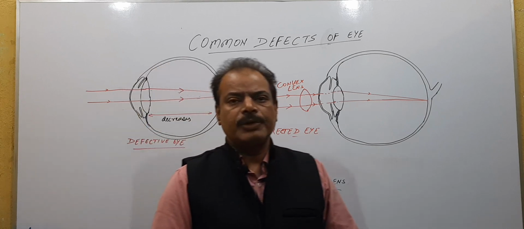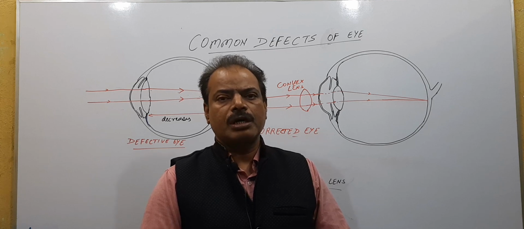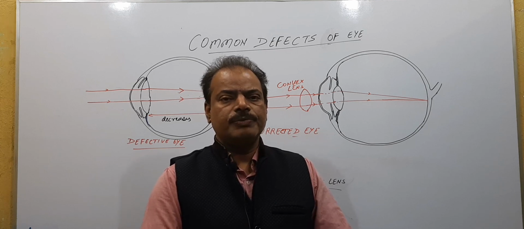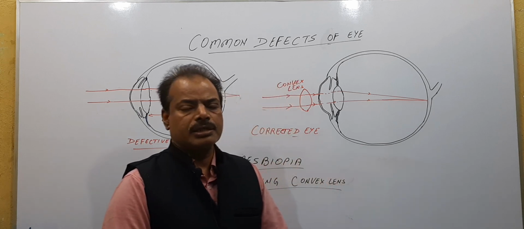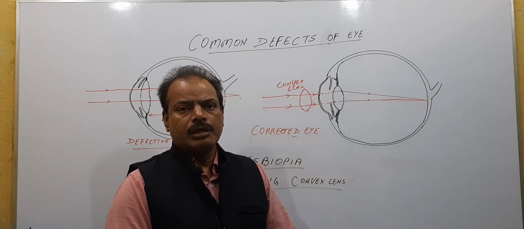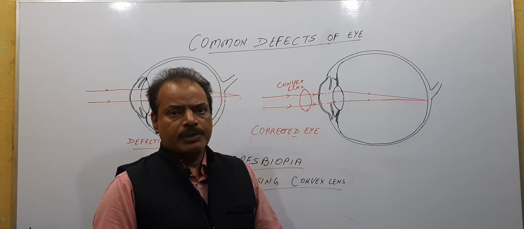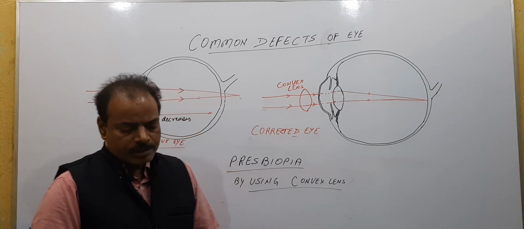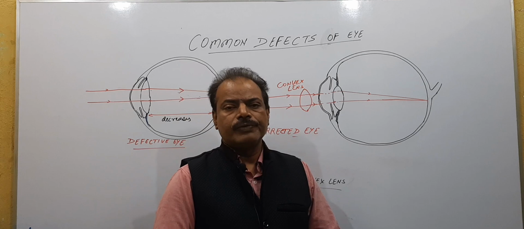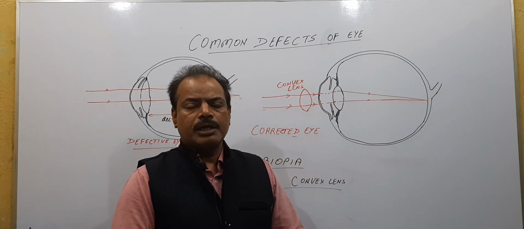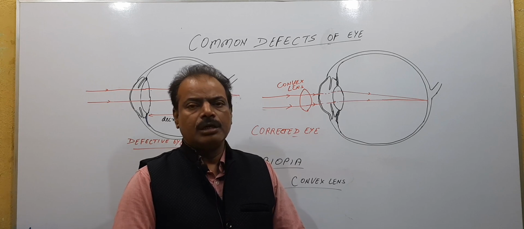After it, color blindness. Color blindness is a genetic disorder caused due to a defective gene present on the X chromosome, and it is also known as X-linked inheritance. This genetic disorder cannot be corrected. After it, night blindness, which is caused due to deficiency of vitamin A, because vitamin A is the major constituent of rhodopsin pigment.